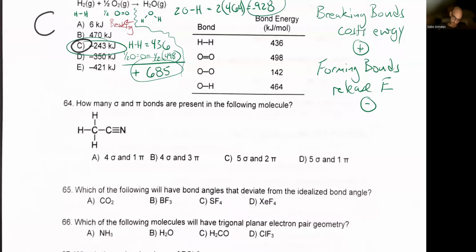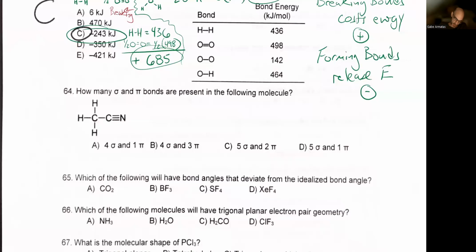All right, next up, how many pi and sigma bonds? A sigma bond is defined as an end-to-end overlap. A much simpler way is a sigma bond is just the first bond. There can only be one end-to-end contact, okay? So that overlap there, where they're essentially pointing at one another.